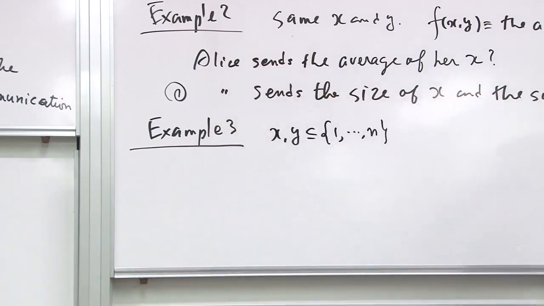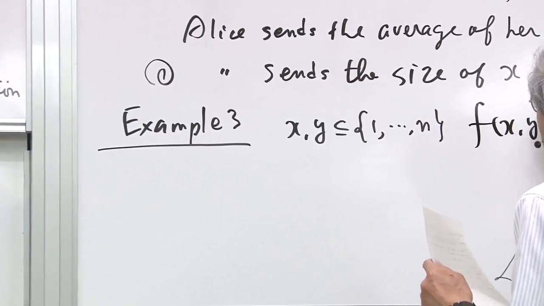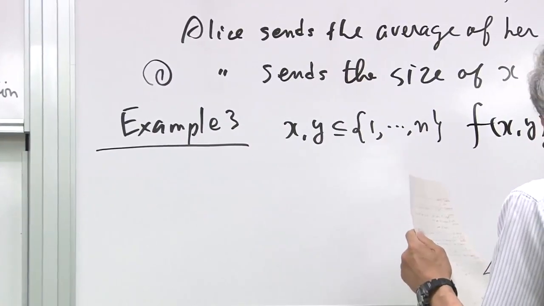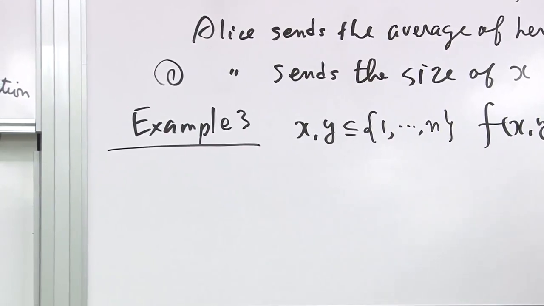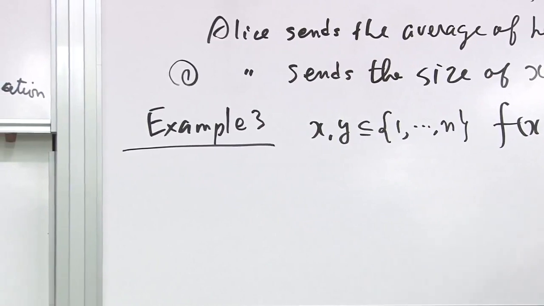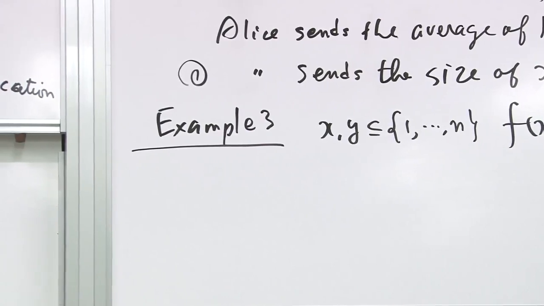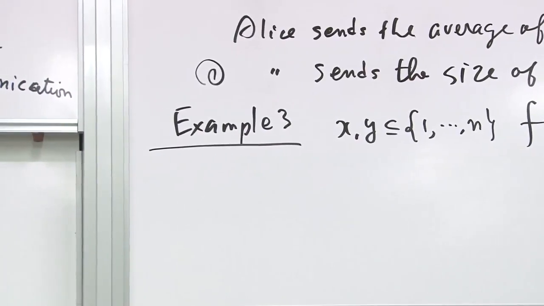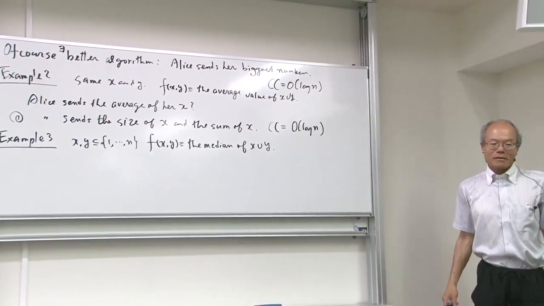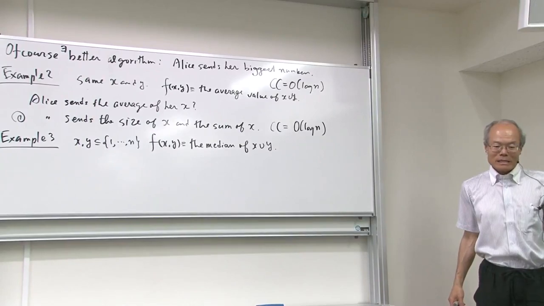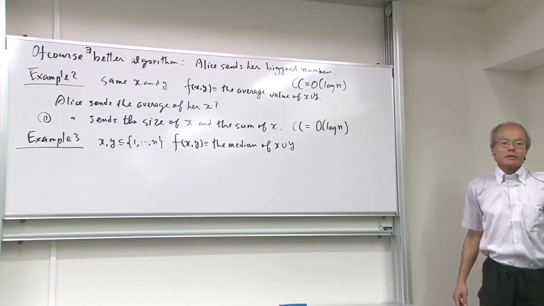X and Y are the same as before, and now function f of x, y is not the average, but the median of the union of x and y. What is median? Median is just the middle number.